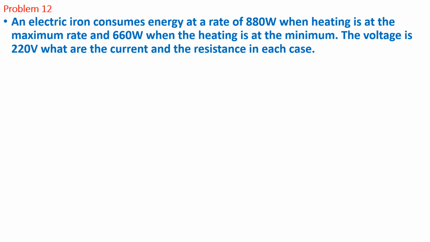The next question which is asked is, an electric iron consumes energy at the rate of 880 watt when the heating is at the maximum. That means the power consumed will be maximum.